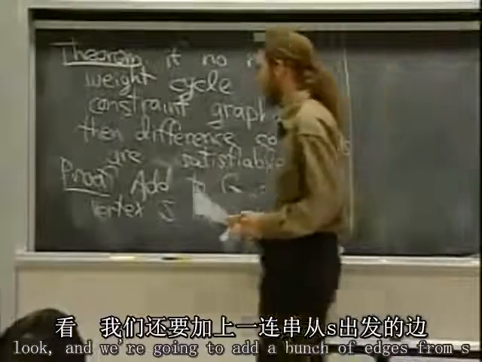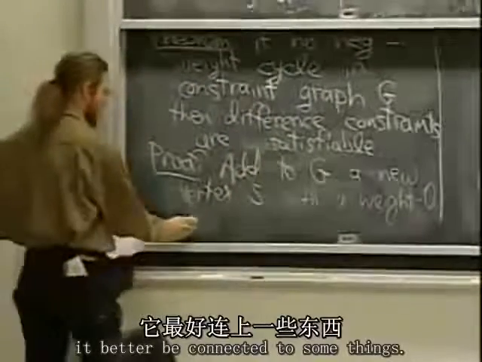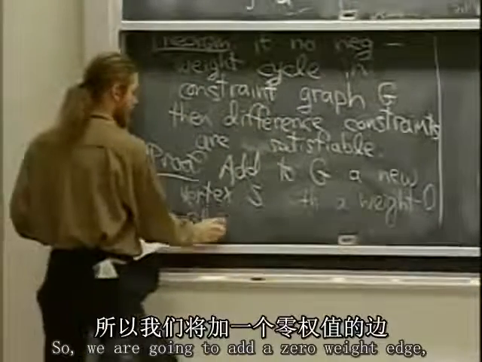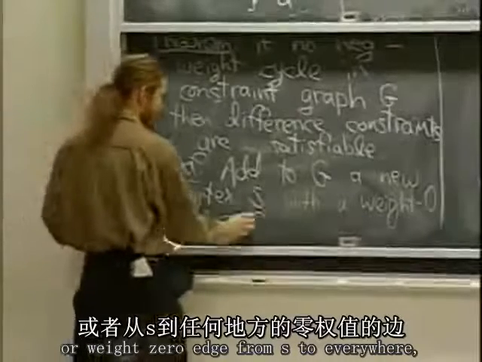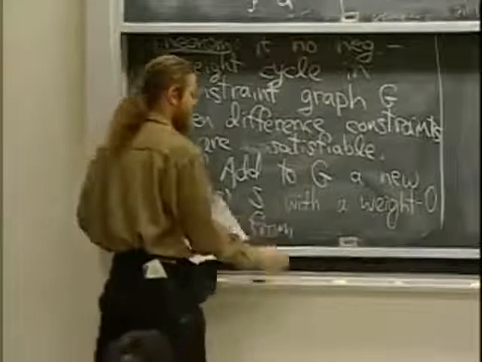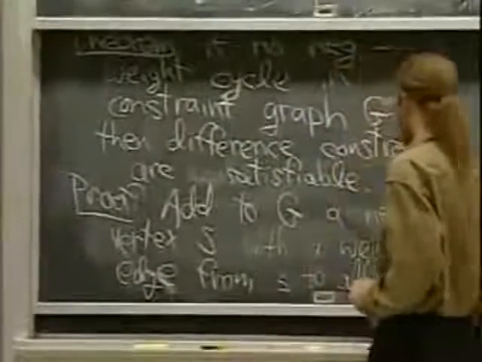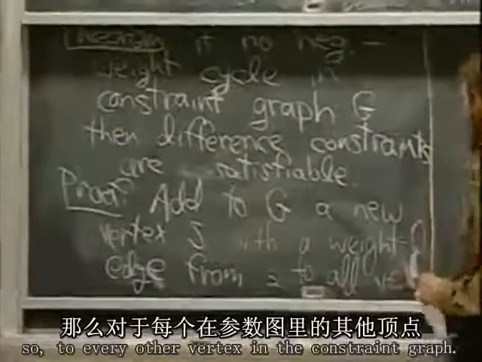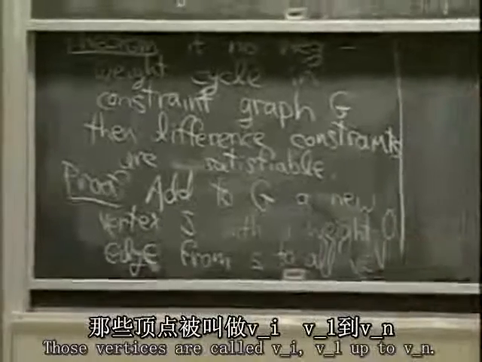And we're going to add a bunch of edges from S, because being a source, it better be connected to some things. So we're going to add a weight zero edge from S to every other vertex in the constraint graph. Those vertices were called V1 up to Vn.